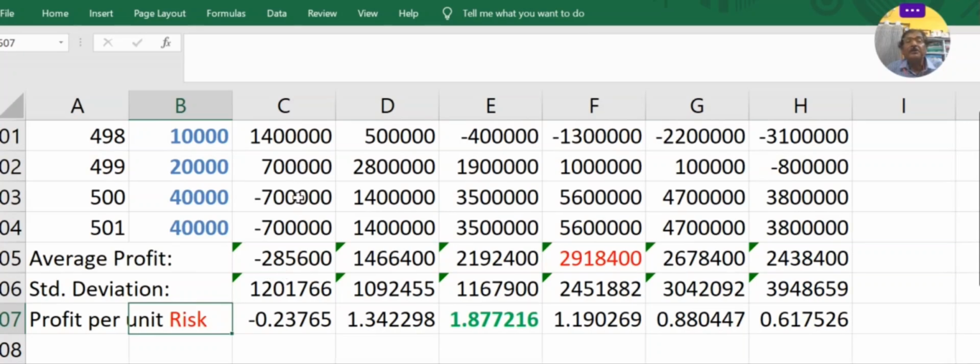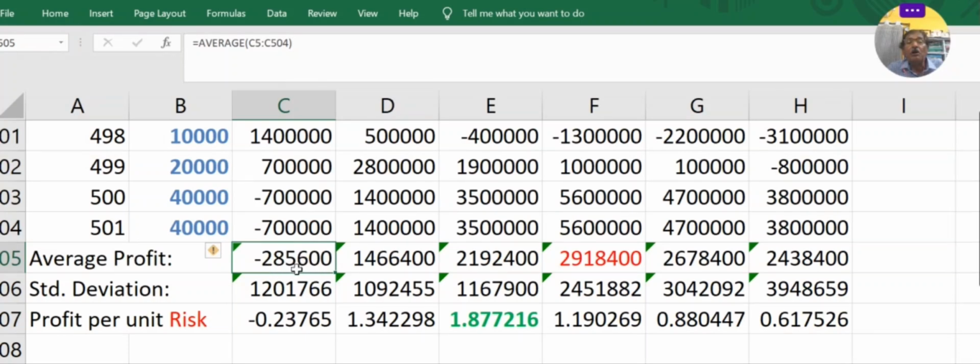Then average profit. This is the formula for average. This is the average profit if you produce 10,000 units. If you decide to produce 10,000 units, then your profit will be this.